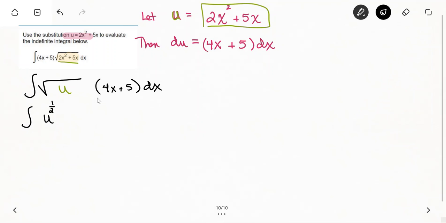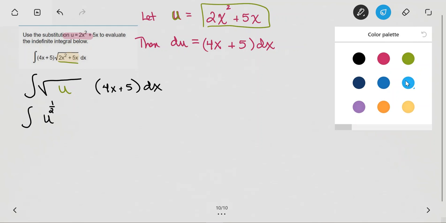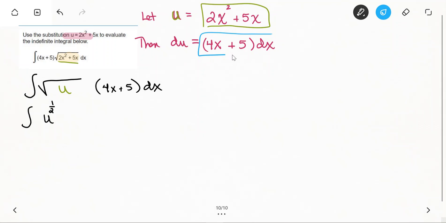Then I can substitute this 4x plus 5 times dx as the du. So I have U to the 1/2 integrated over du.